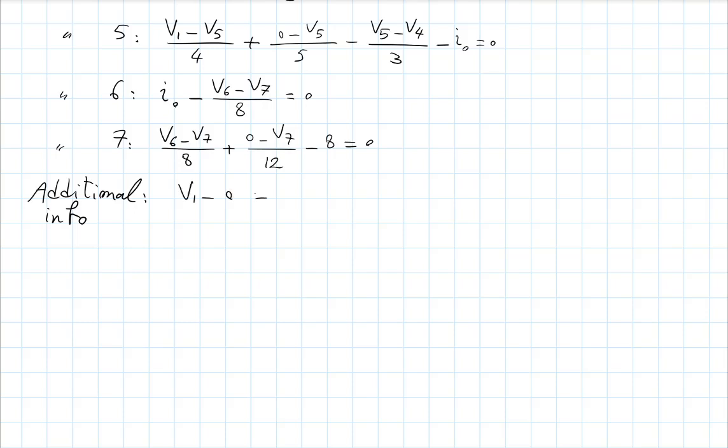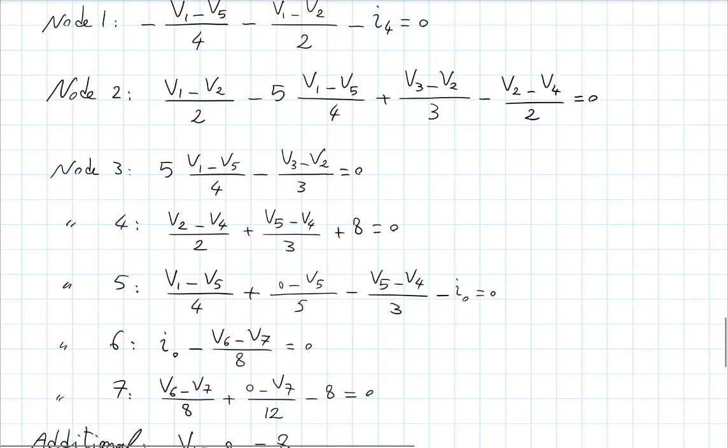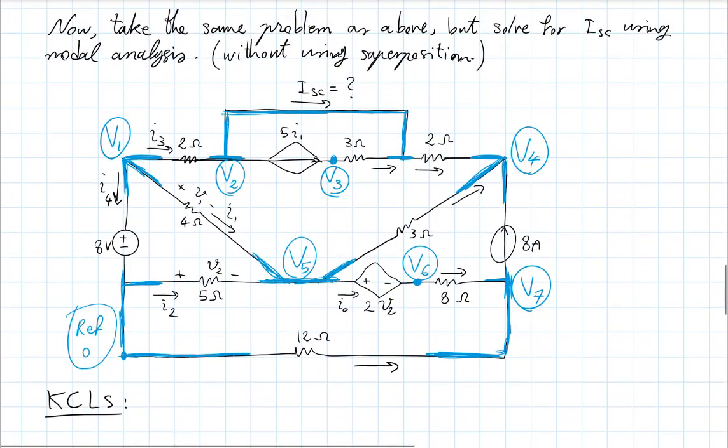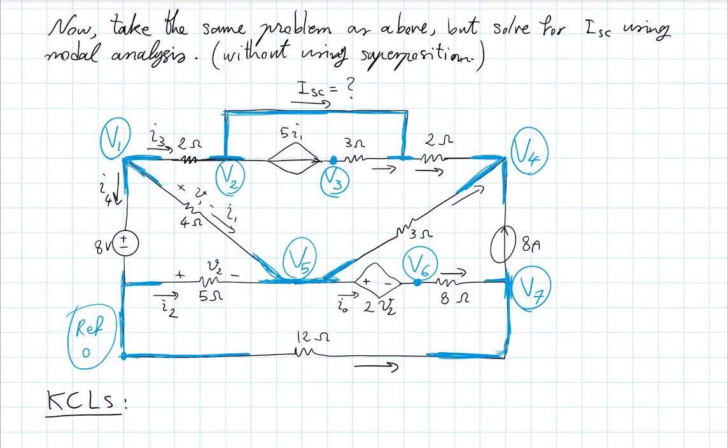V1 minus 0 is 8 volts. The other one comes from the other voltage source, in this case, a dependent voltage source. But the difference between V5 and V6 is the voltage of that dependent voltage source, right? That's 2 times little V2.